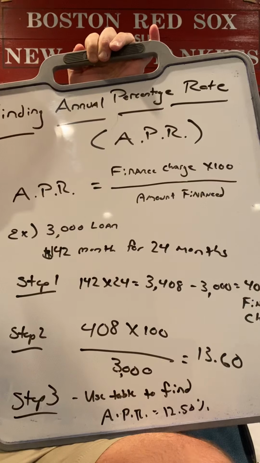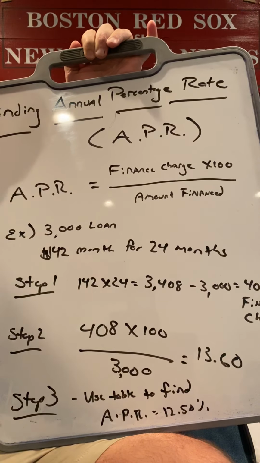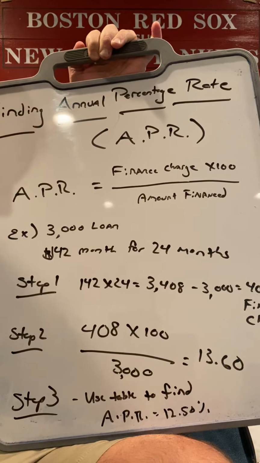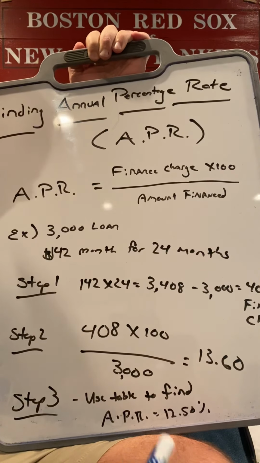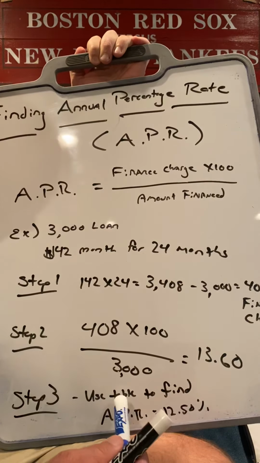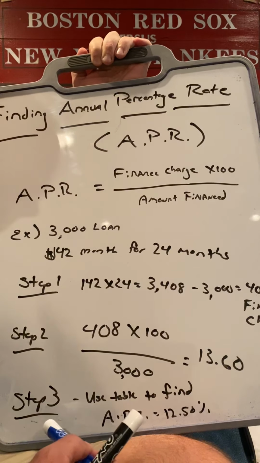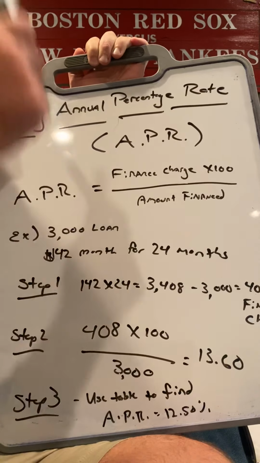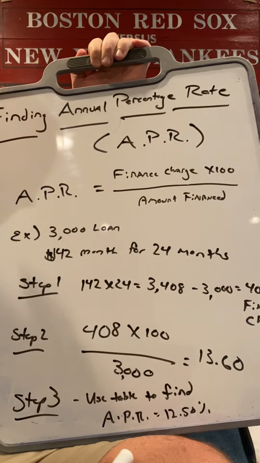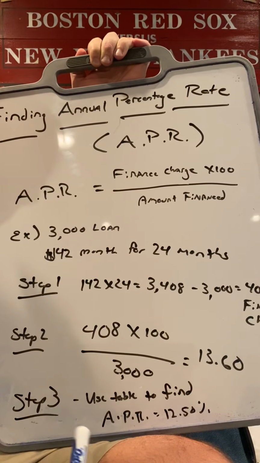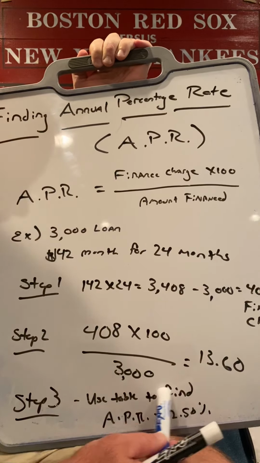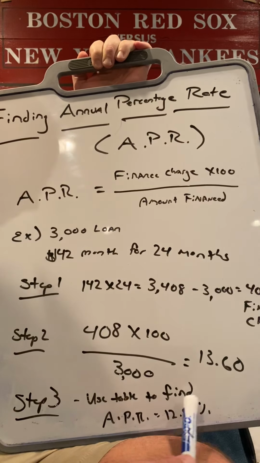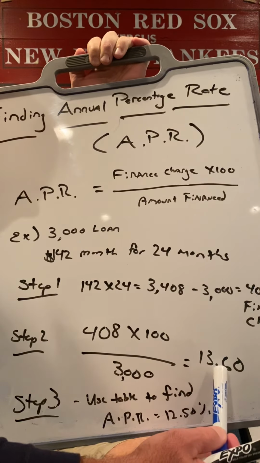Now, the last step to find the annual percentage rate is to use the table in the book, which I have printed out for you in Google Classroom. There's 3 sheets with the table. And what you're going to look on the first column is you're going to look for the number of months. And the number of months in this case was 24. So when you go down to 24, you're going to go across in the table until you find the number closest to 13.6.